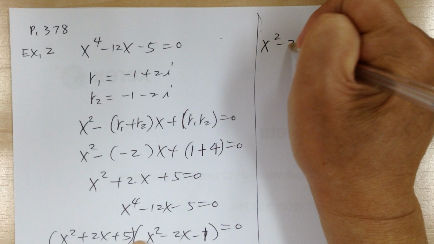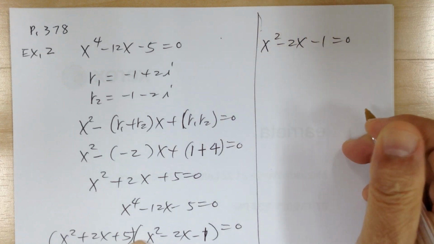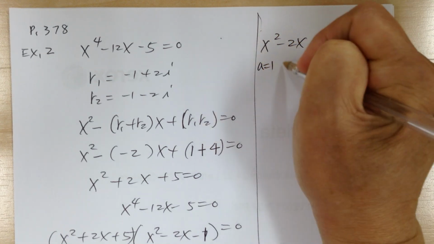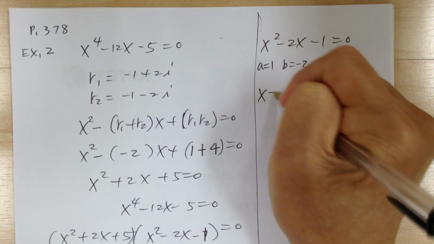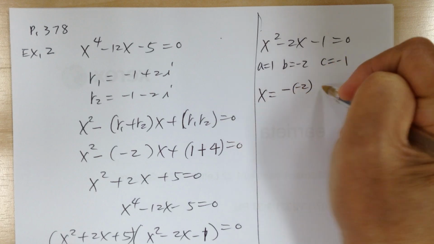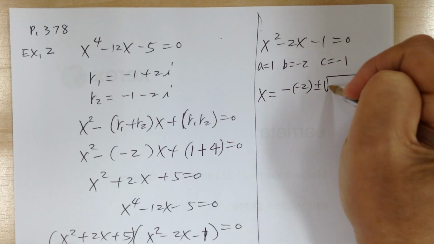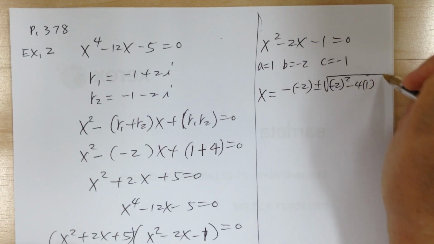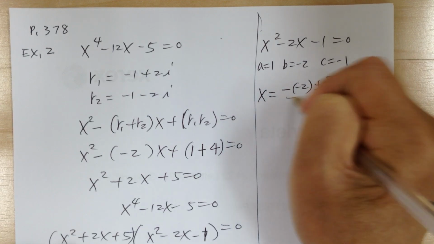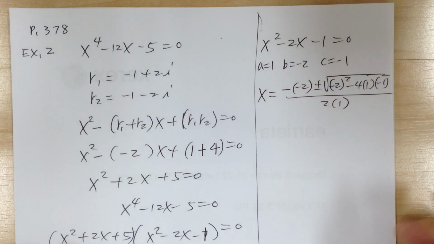You've got x squared minus 2x minus 1 equal to 0, so a equal to 1, b equal to negative 2, c equal to negative 1. So x equal to negative b plus or minus the square root of b squared minus 4ac over 2a.